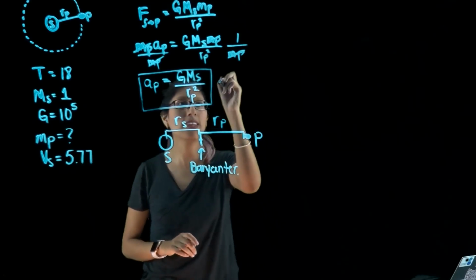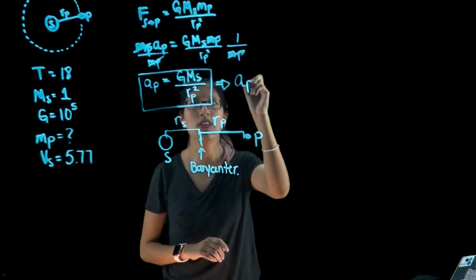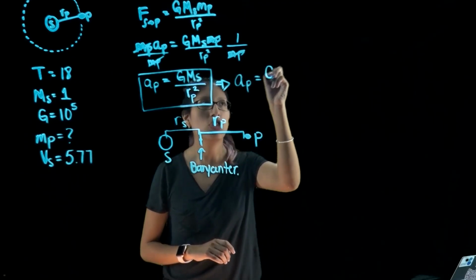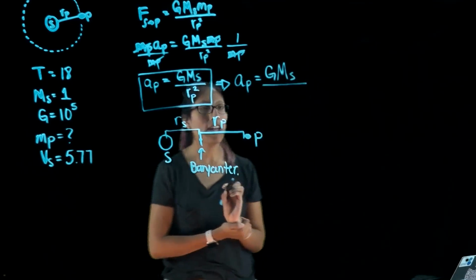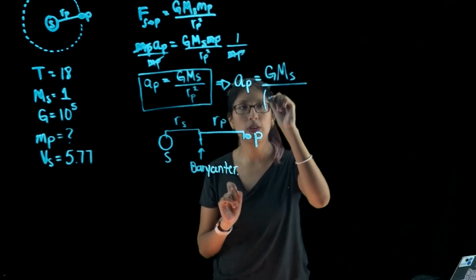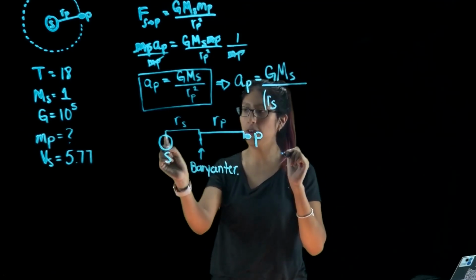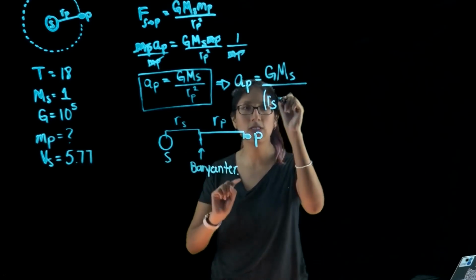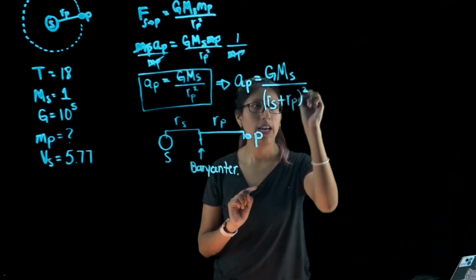And we're going to rewrite this equation as acceleration of the planet is going to equal G Ms, mass of the sun, divided by, now it's not only the radius of the planet, but we're going to add the radius of the sun. By radius, I mean this, from the sun to this barycenter, plus Rp, and we're going to square that.